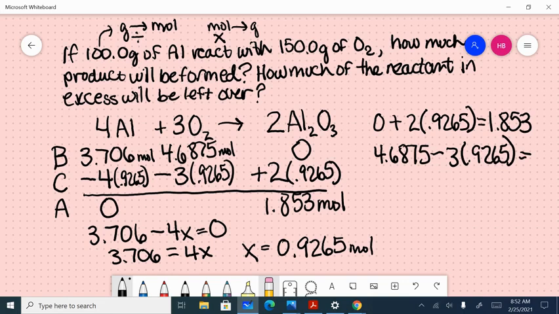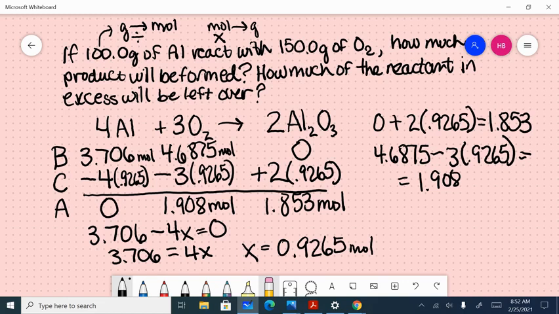That's going to tell us how many moles of oxygen are left over after the reaction stops. And that gives us 1.908. So how much oxygen is left over? 1.908 moles.